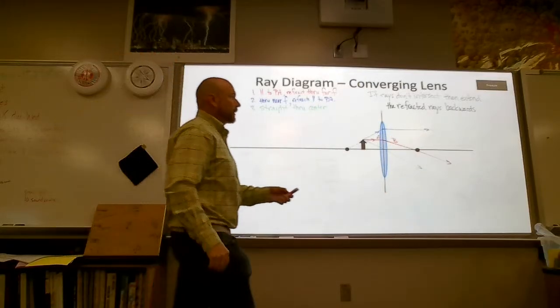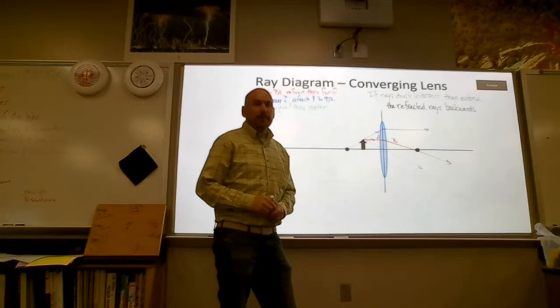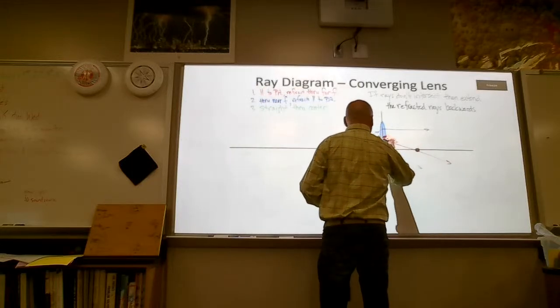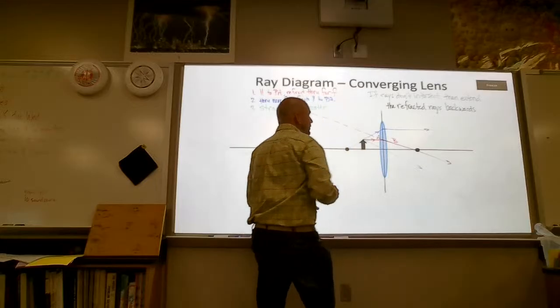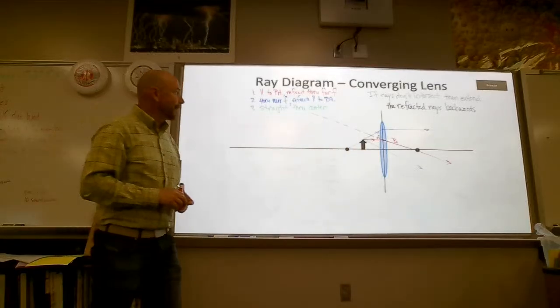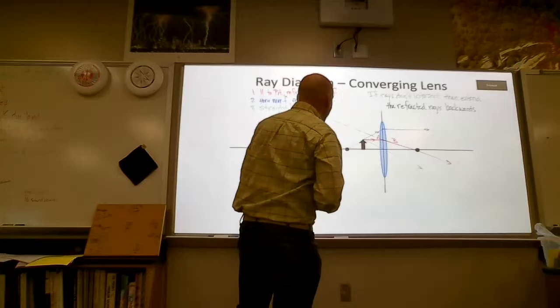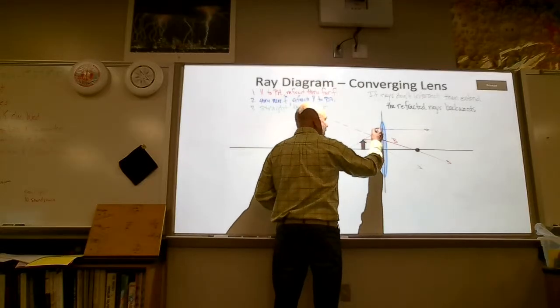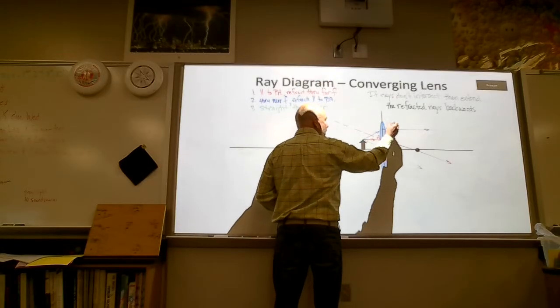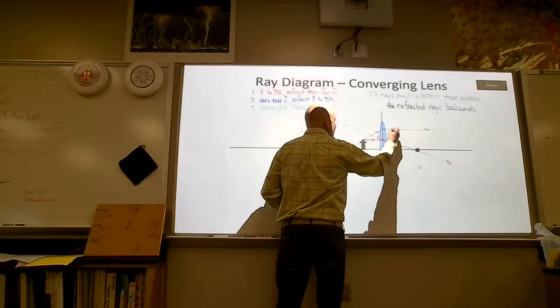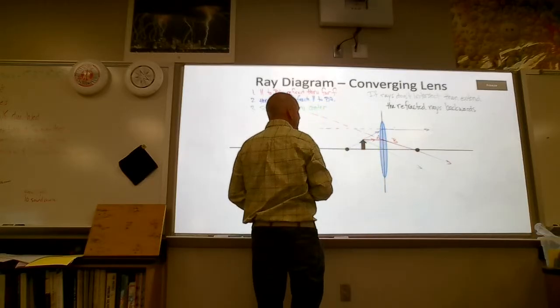Which is the refracted ray, A or B? B. So I'm extending the refracted ray backwards. Good with that? Okay. Which one's the refracted ray, A or B? B. Extend the refracted ray backwards.